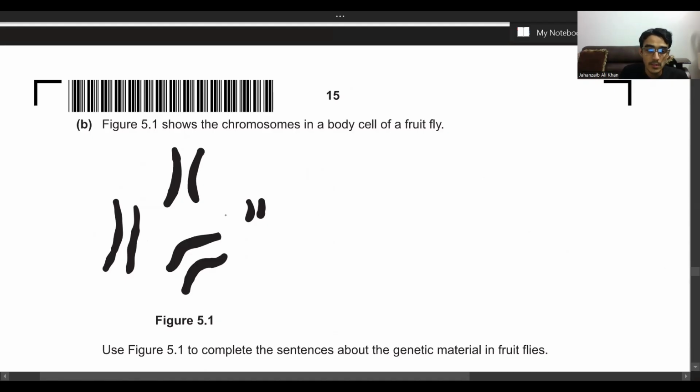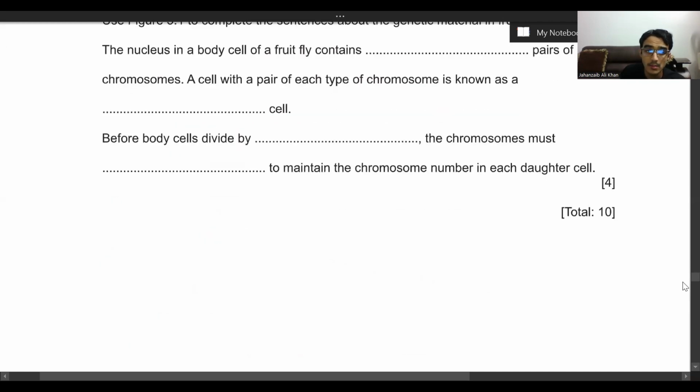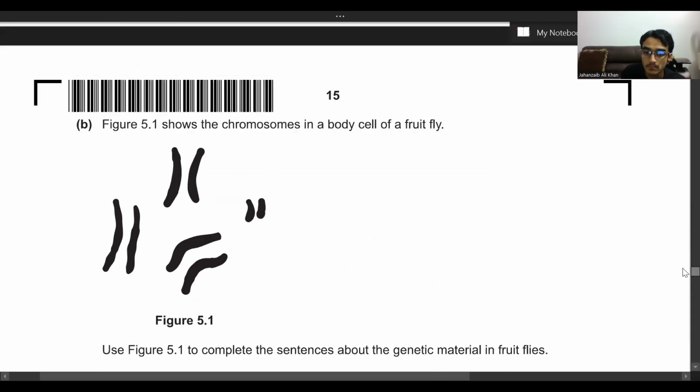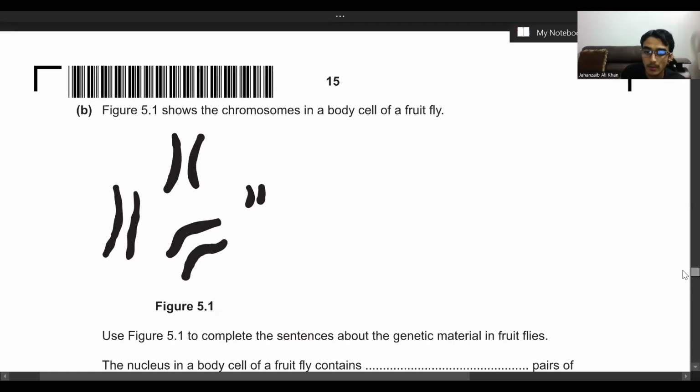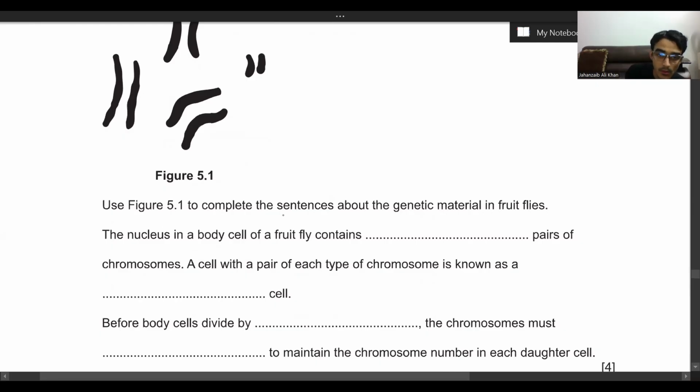Okay, the chromosomes. Here we've got 4 pairs or 8. We have got to complete the sentence, so fill in the blanks. The cell contains 4 pairs of chromosomes. A cell with a pair of each type of chromosome is known as a diploid cell.